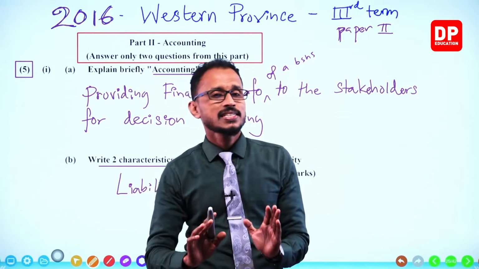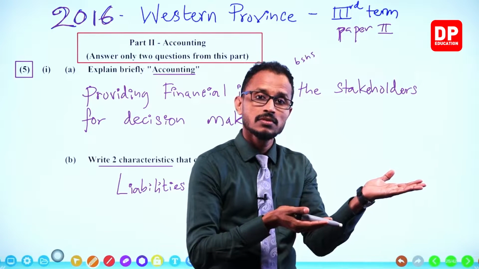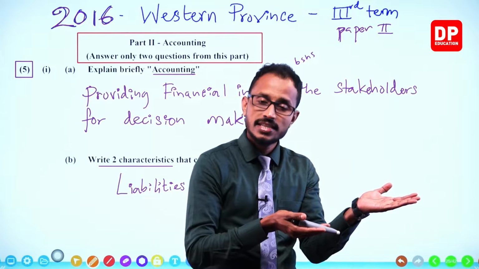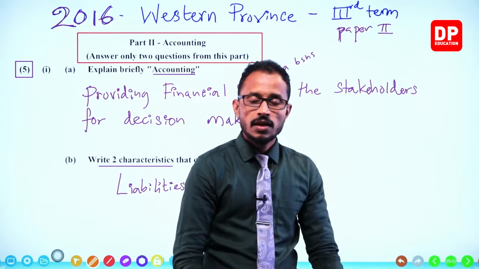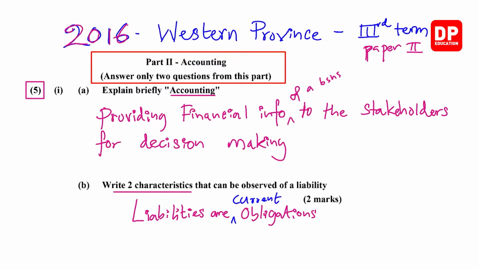Liabilities should be paid back, no? Isn't it? It should be paid back. So, when settling liabilities, what happens to resources of the business?